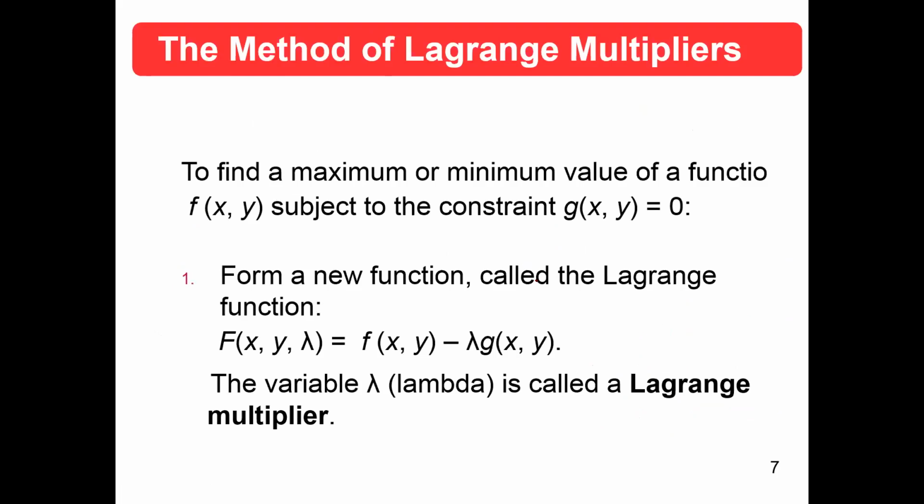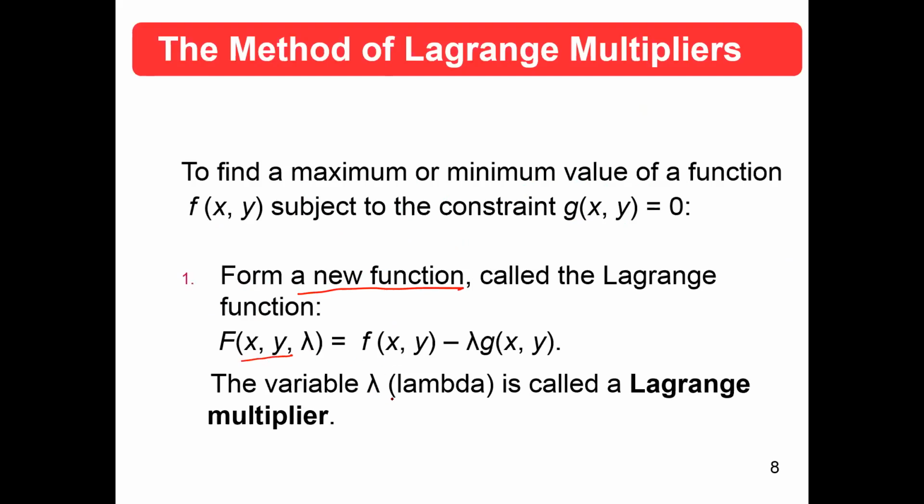It has several steps. We just literally follow the steps. To find a maximum or minimum value of a function f(x, y) subject to the constraint g(x, y) equals 0, first of all, form a new function. The new function would include the original variables x and y.